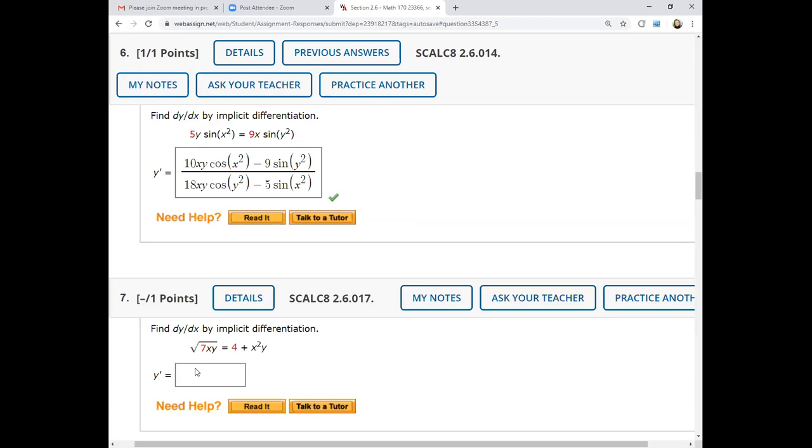Would you factor out an x, or would you just leave it? Well, I could. I just noticed that I should have just multiplied everything by 2, and that would have cleaned up the fractions. Let me do this again.